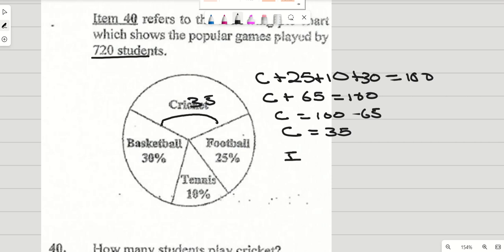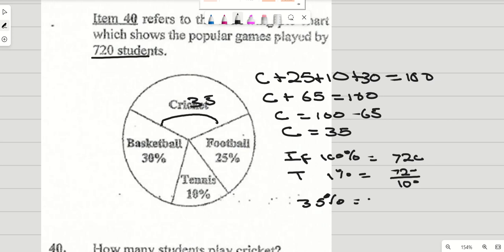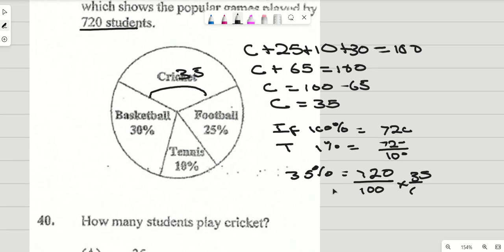So if 100% is equals to 720, then 1% is equals to 720 divided by 100, and we want to know what is 35%. 35% would be 720 over 100 multiplied by 35 over 1, or you could have just said 35% of 720.